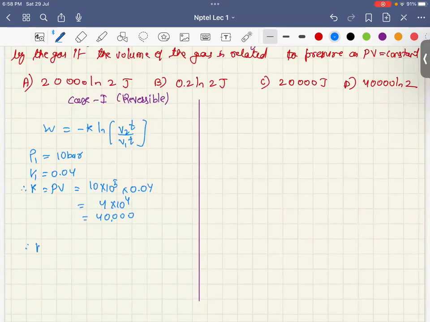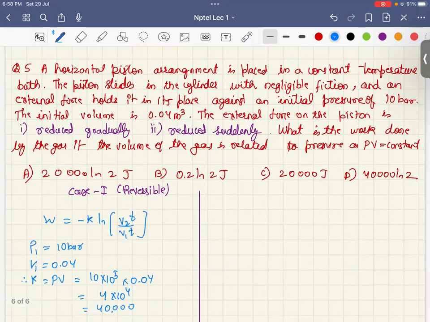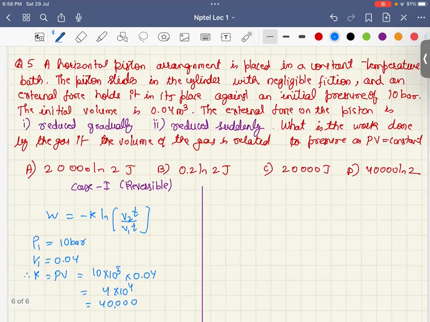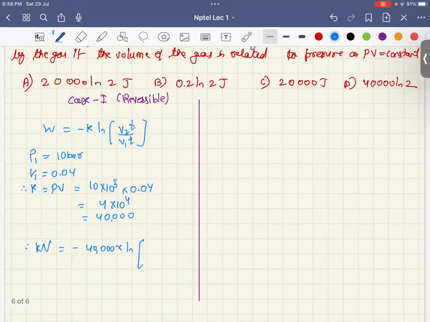And therefore W is minus 40,000 multiplied by ln of V2 by V1. What is the final volume? The final volume is 2 times V1, right? Therefore W is nothing but 40,000 ln 2, right? So for the first case, the answer is going to be option D, right?